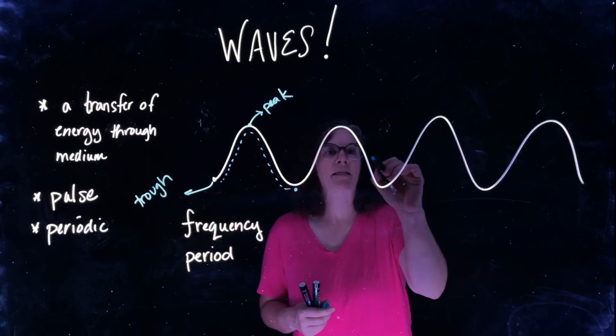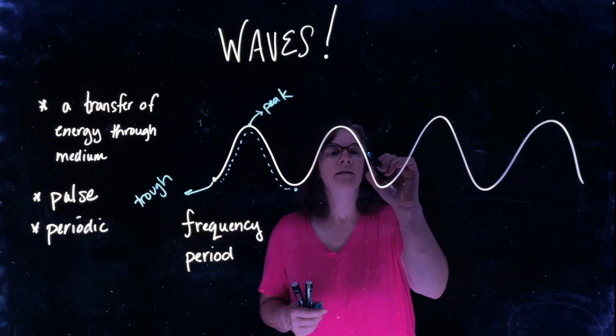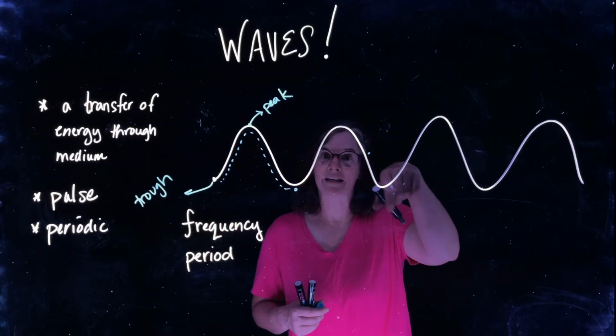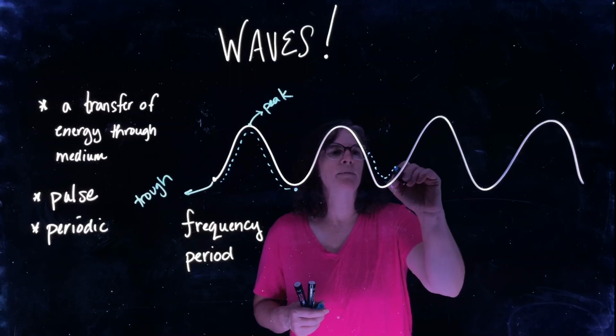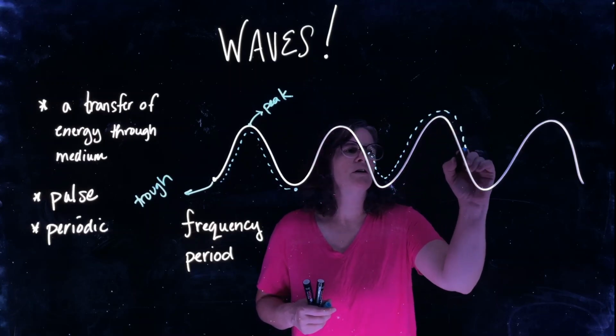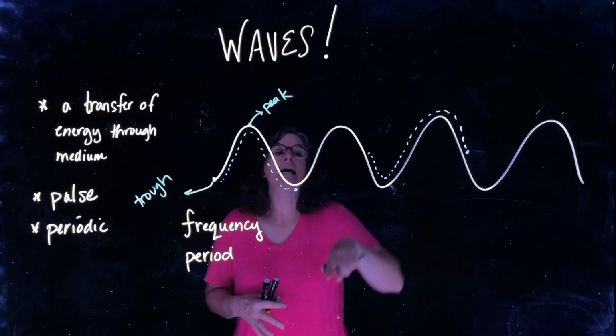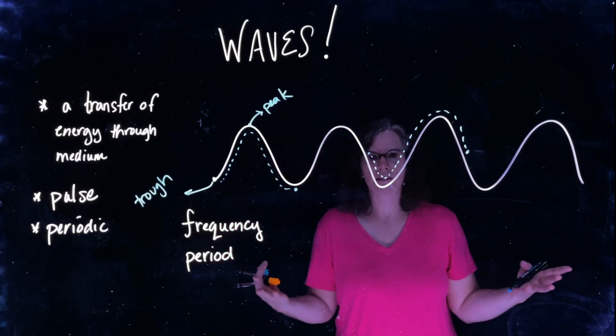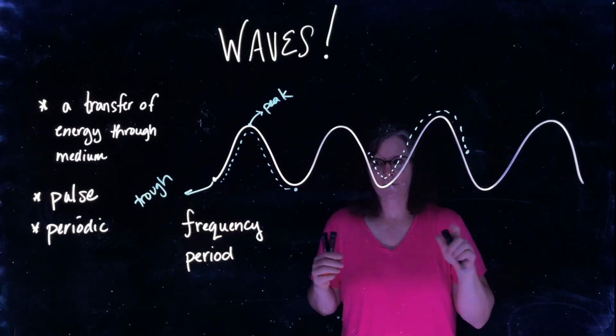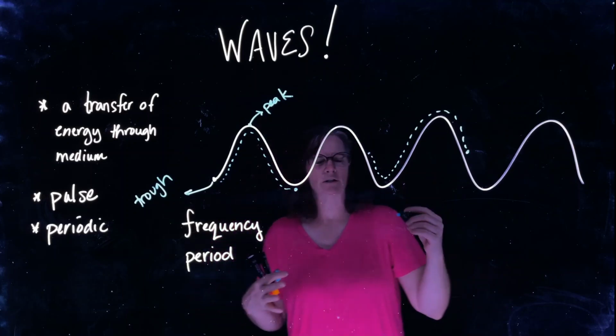Or if I'm starting at the middle on the way down, a cycle would take me down and up and over and back down. One entire waveform, regardless of where I start. That's what we refer to as a cycle.